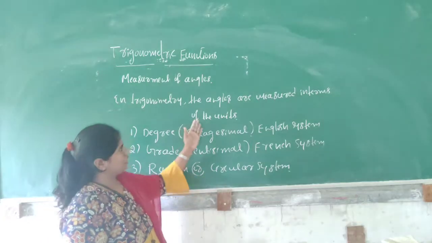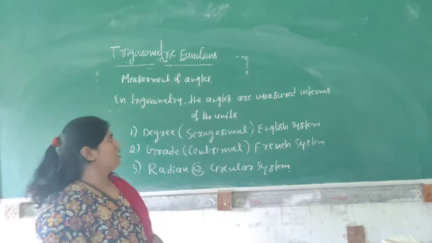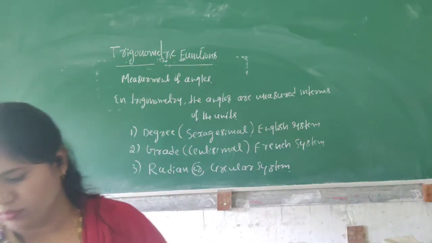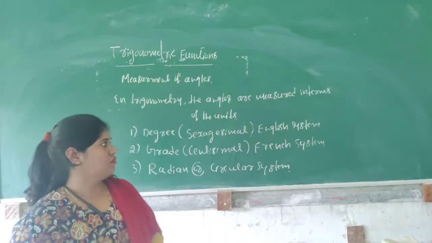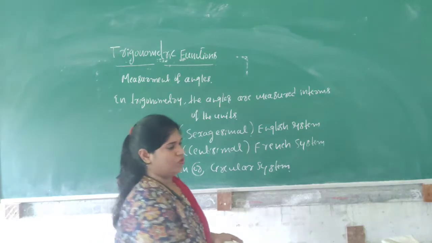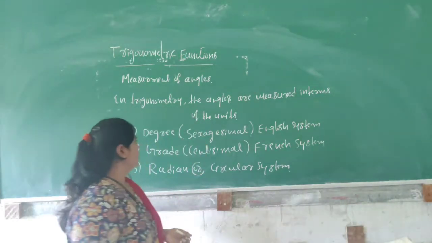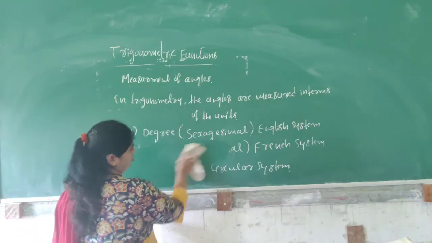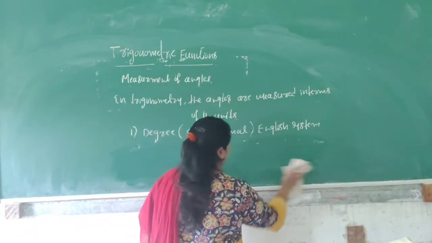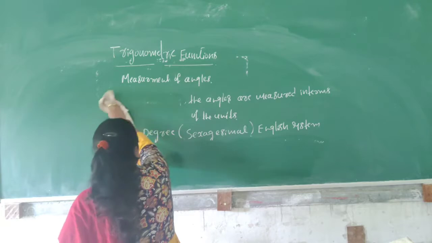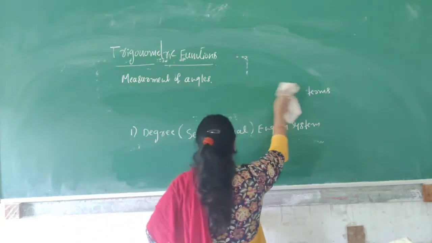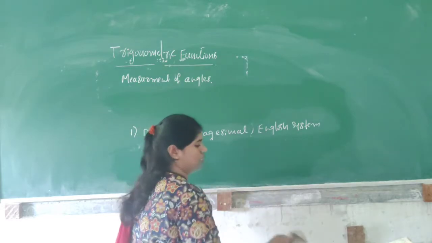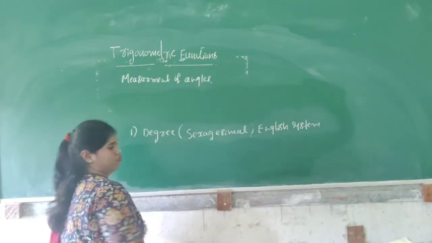These are the three units of measurement in trigonometry. What is the first one? The first one is degree measure.